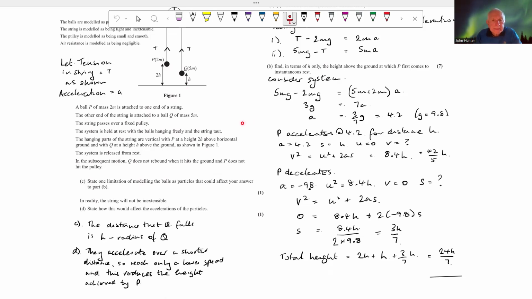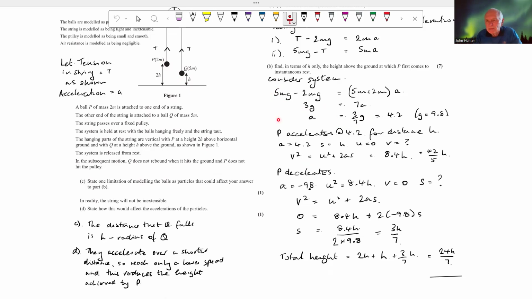Now, if h was to actually be just the distance to the bottom of the ball, then that's going to affect the other calculations, the forces, and affect this height here as well.